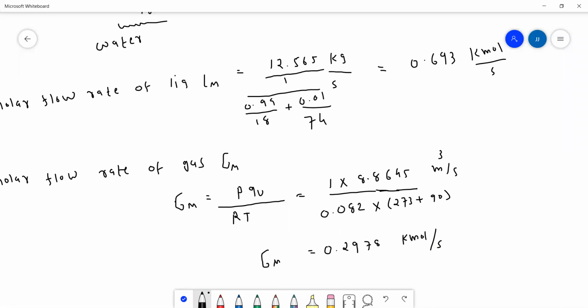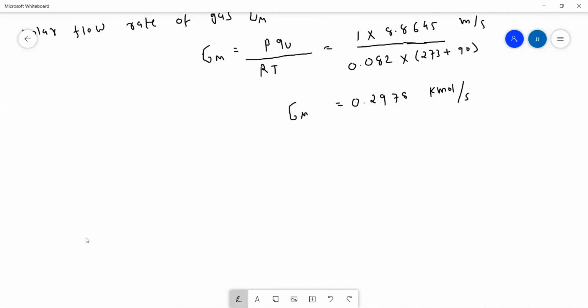Now we know the equation for fractional solute removal, so let me write this equation.